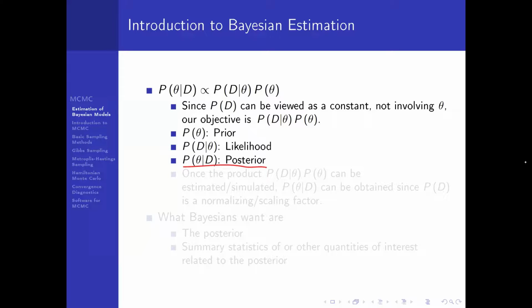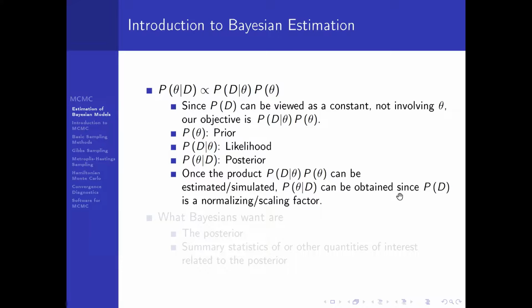Sometimes in some textbooks, they use lowercase p to mean that this is not really a probability, okay? For example, this one is the likelihood, this one is the prior probability density.